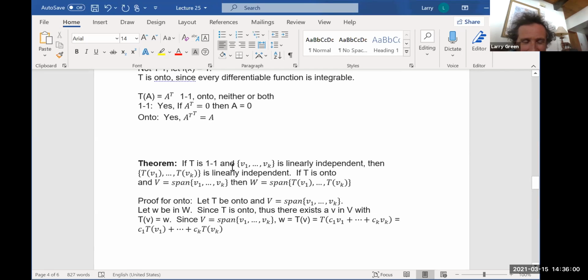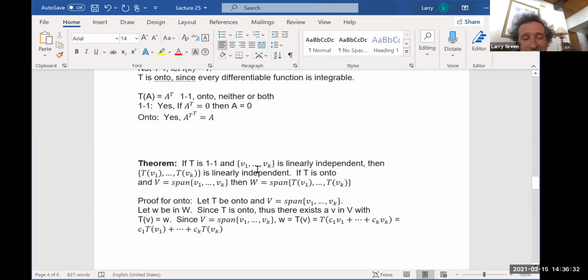If T is 1-to-1 and V1 through VK are linearly independent, then T of V1 through T of VK is linearly independent. Okay, by the way, if T is onto and V is the span of V1 through VK, then W is the span of T of V1 through T of VK. So it just says that if you have both linear independence and span in the domain, then you have both in the range.